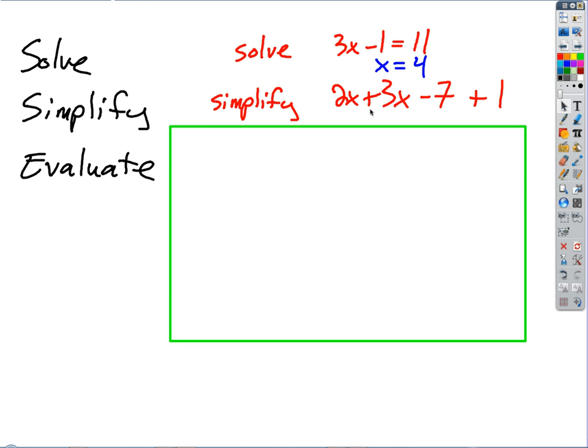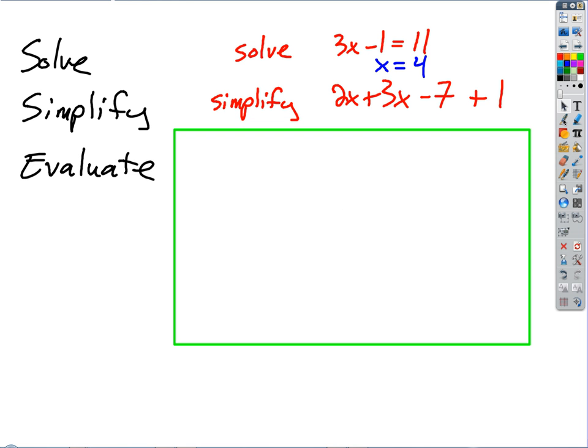Let's contrast that maybe. Now, what if I say 2 times, we'll just make it x. Now in this case, 2 and x are being multiplied. And so, what would we call those two things? Anybody know? What are things that are being multiplied?